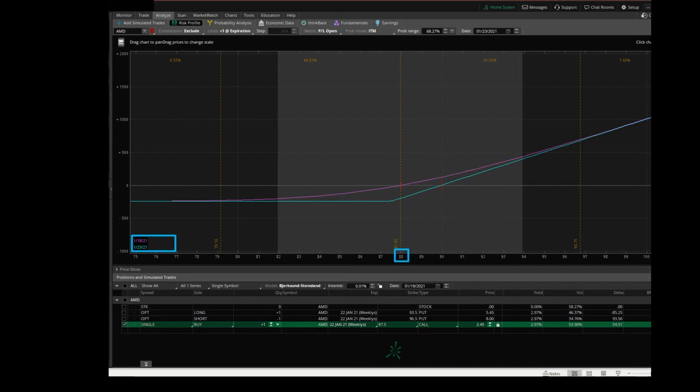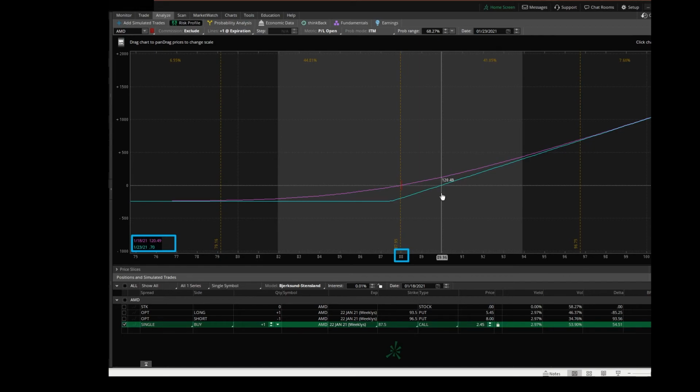This is the price right around the break even. Okay, but on the expiration date, the break even will be at roughly, if we follow the teal graph and we try to pinpoint the break even for that graph, it ends up being around $89.96.